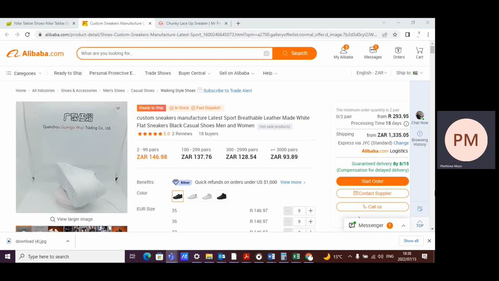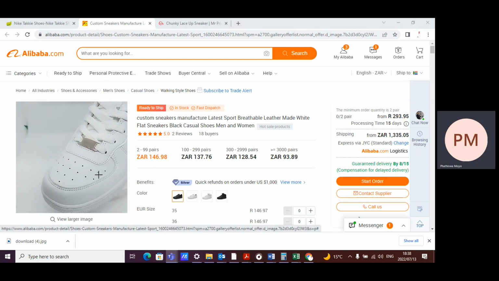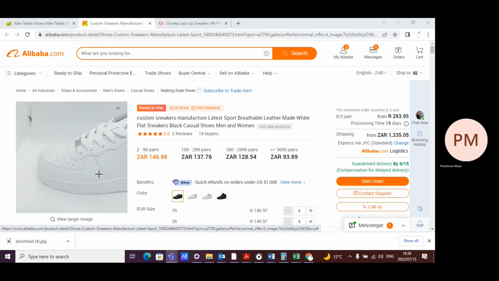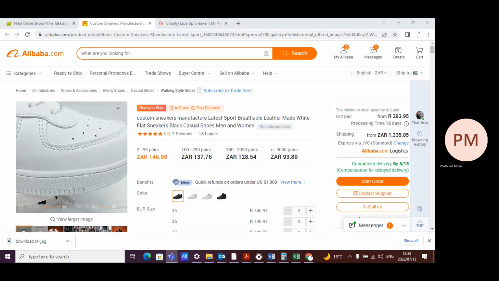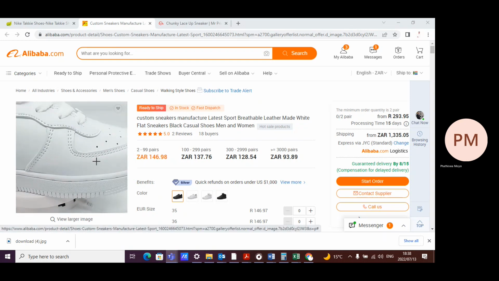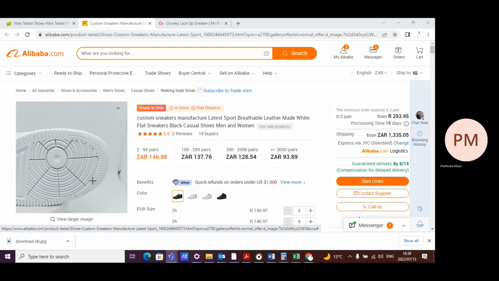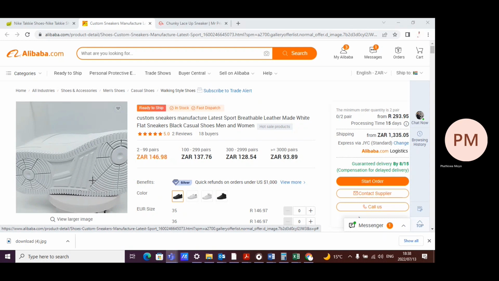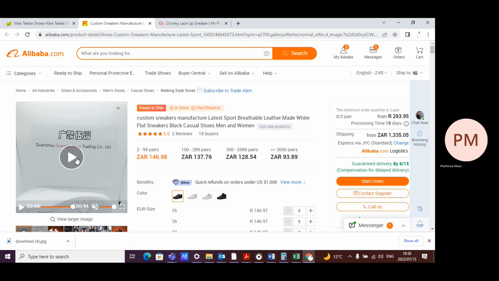Okay, so the factory, I think there is a name, it's gonna show now when it's turning. Let's just wait for it. It's gonna show the factory name. There, the factory name is Guangzhou Wheat Trading Company Limited. That is the factory.